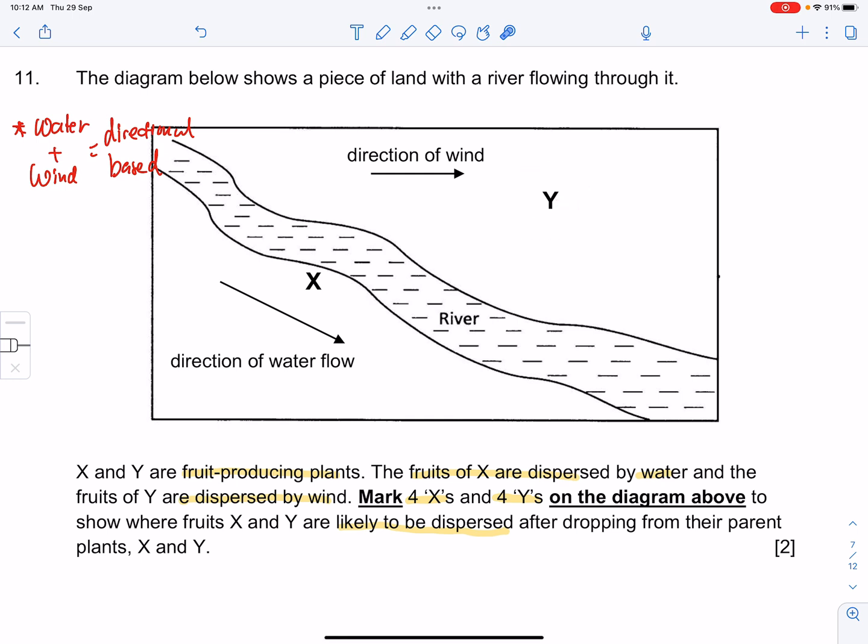So when you think about that, the wind is blowing in this direction. There shouldn't be any young plants before this dotted line. Before this red line. Simply because the wind is in this direction. So how can there be a Y here?